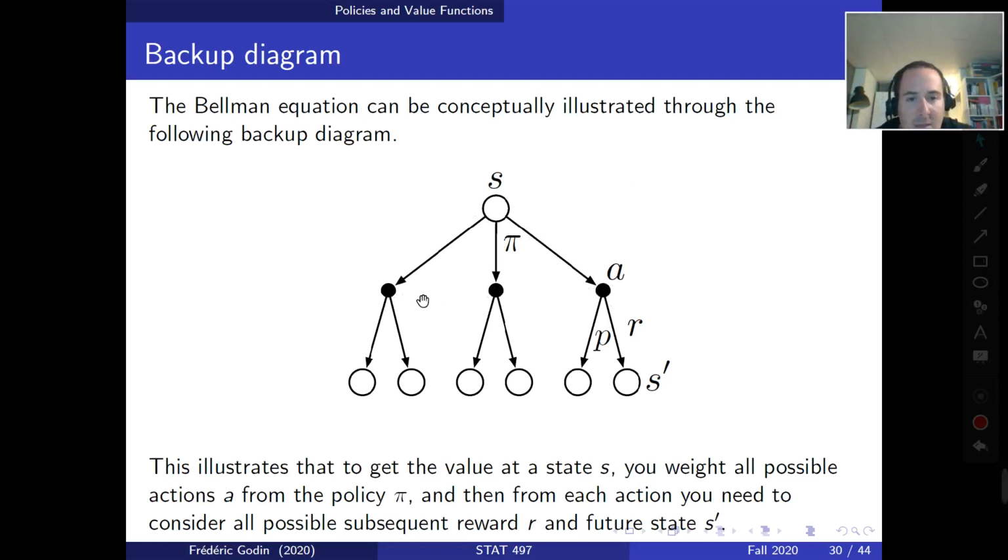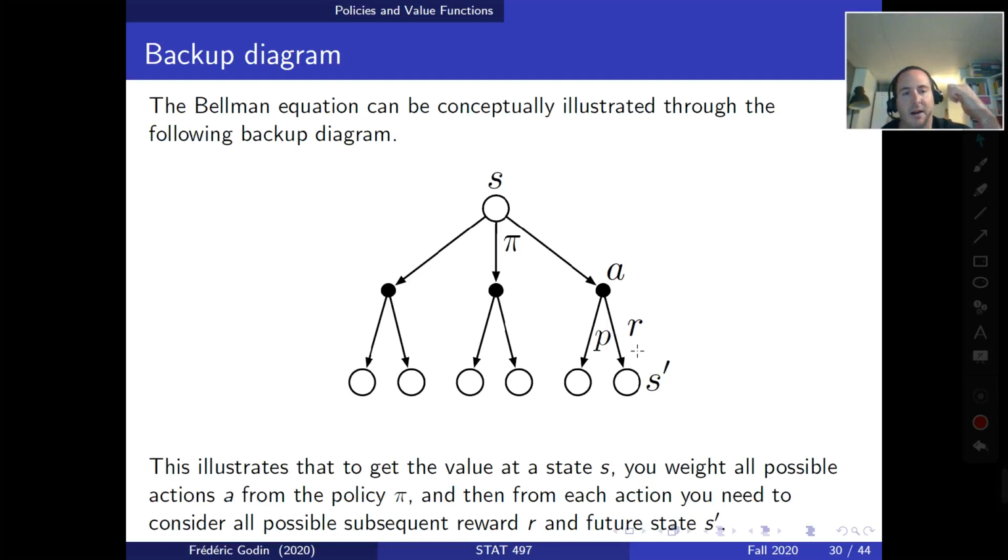Then for all possible actions, you have to take into account all subsequent probabilities of rewards and successor states, which are determined by your probability P. In a nutshell, the value of a state is a weighted average, where the weights are the respective probabilities of the various scenarios that could happen.